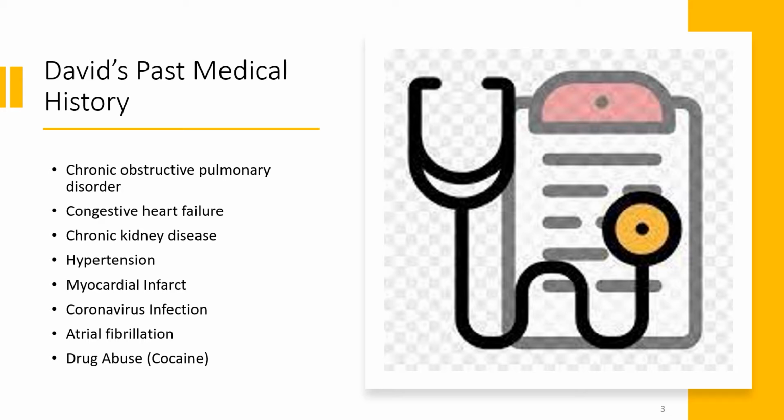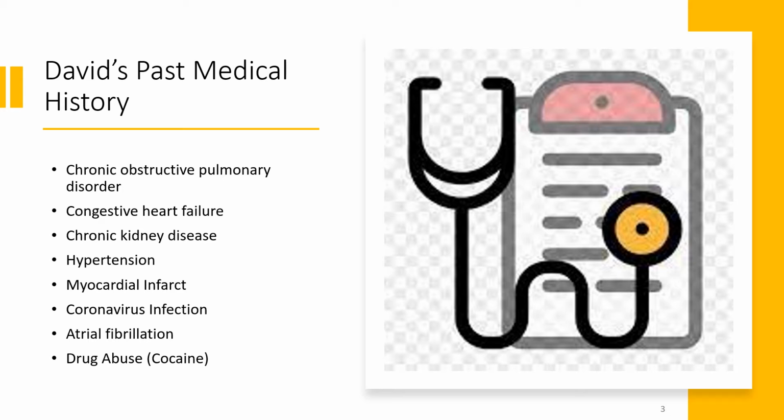David does have a fairly significant past medical history. He has COPD, a noted history of congestive heart failure, chronic kidney disease that he does not require dialysis for at this time, hypertension. He has had a fairly recent MI that required heart cath with a stent placed to the RCA.